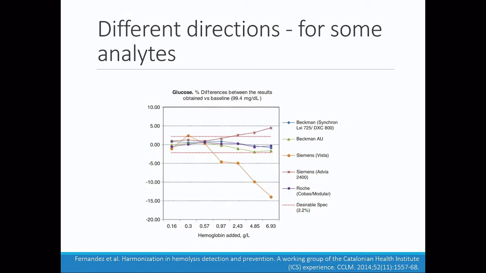Glucose can be either not affected at all by some assays on some instruments, it can have a slight positive interference on some instruments, and negative interference on, for example, Siemens Vista. So what I'm trying to show here is that it is really important to understand and know the effect that hemolysis is causing for every particular assay on every particular instrument, to be really sure that we know the performance of our assays.